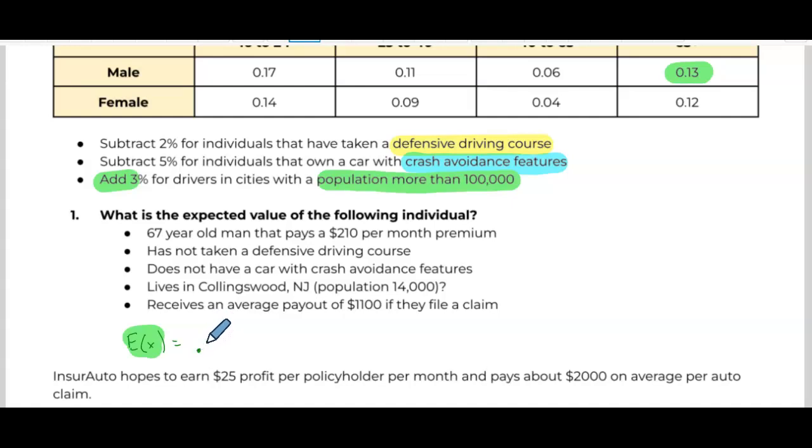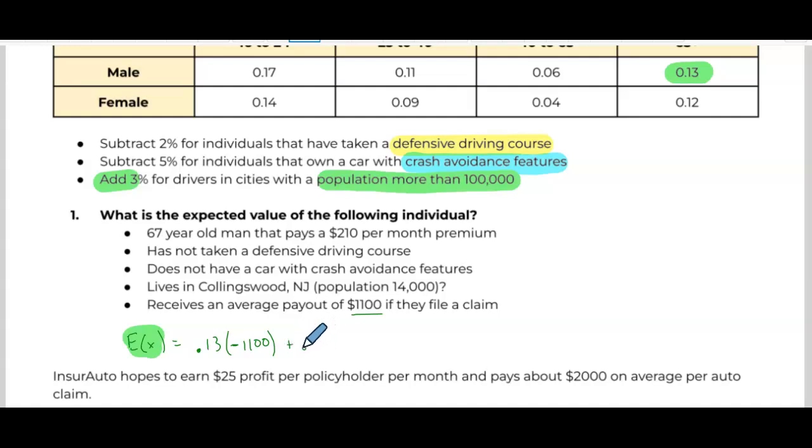So 13% of the time, he is going to end up with an average payout of $1,100. So 13% of the time, the insurance company is going to lose $1,100 on this driver. This is coming from the perspective of the insurance company because they're trying to decide how much to charge him.